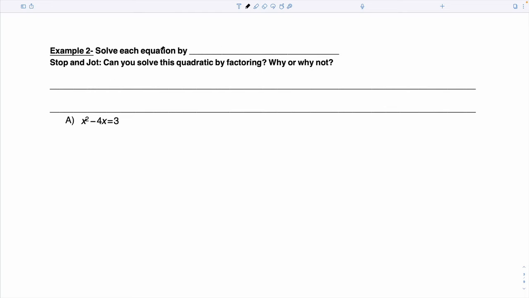I want you to solve this one by completing the square. However, instead of just being a robot and knowing you're going to do it by completing the square, I want you to try to factor it. And then after you try to factor it, if you were successful or not successful, jot down why you could factor it or why you couldn't.